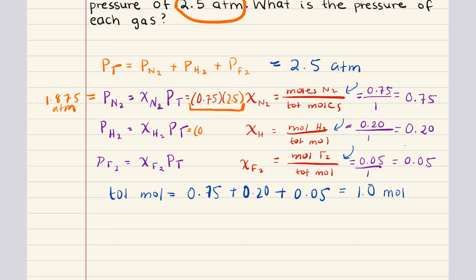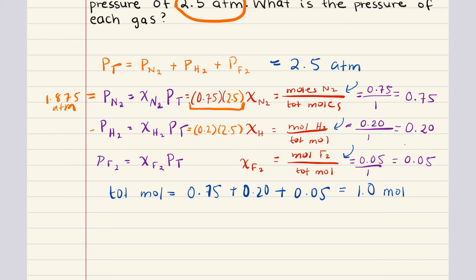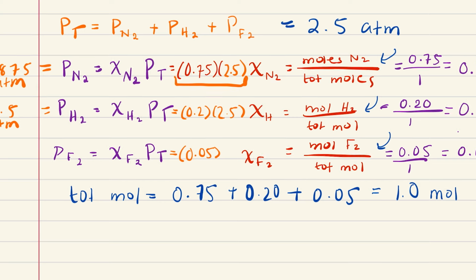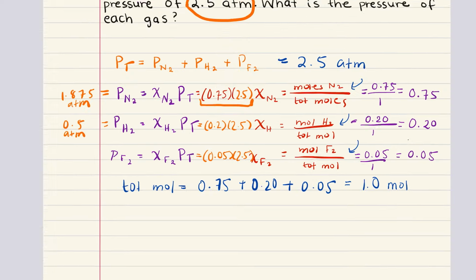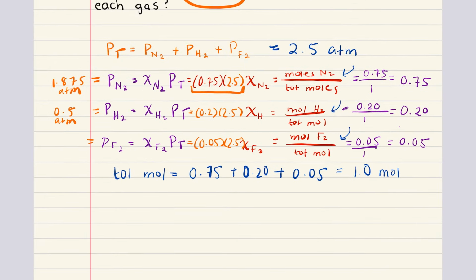This is going to be 0.2 multiplied by 2.5, and that gives us an answer of 0.5 atmospheres. The partial pressure for hydrogen gas is 0.5 atmospheres. And then for fluorine, we're going to multiply 0.05 by 2.5, and that gives us the partial pressure for fluorine gas. The partial pressure for fluorine gas is 0.125 atmospheres.